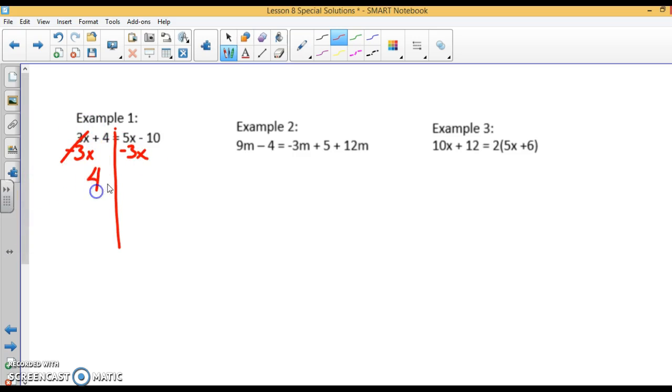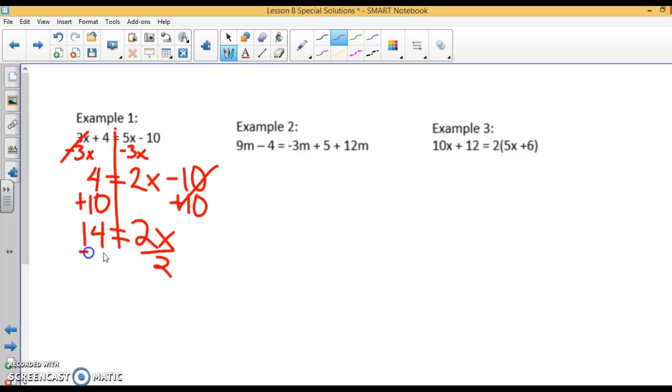So I'll have 4 equals 5x minus 3x gives me 2x minus 10. Then I can add 10 to both sides. 4 plus 10 will give me 14 equals, this cancels out, 2x. I can divide by 2, and I will get 7 equals x.